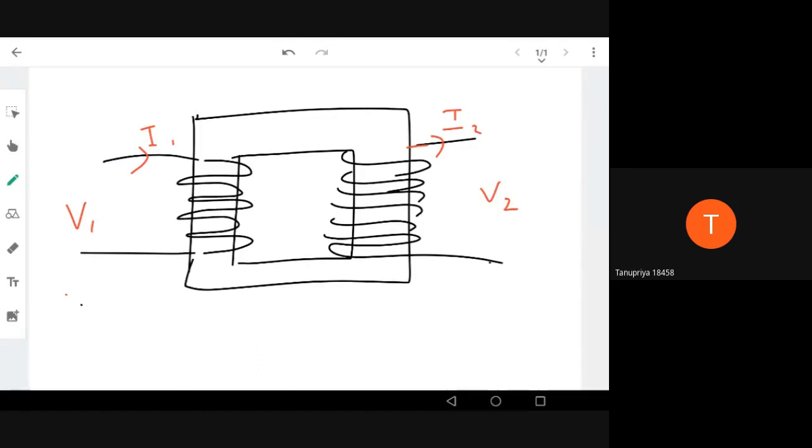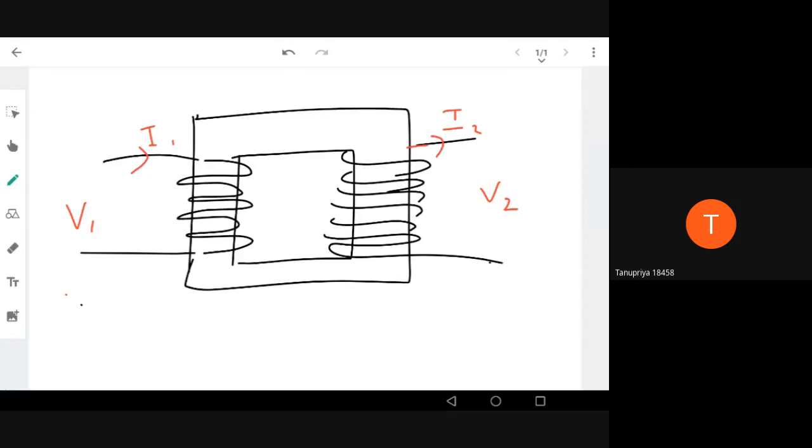For example, for this transformer, how we'll start is, basically, what we want to study. The first thing we discussed last class is the purpose. Why are we modeling? The purpose is very important. First we have to be clear why we are modeling. Then once the purpose is clear, we should know what the boundaries are. For example, here for the transformer, mostly the purpose of modeling is to find the efficiency.